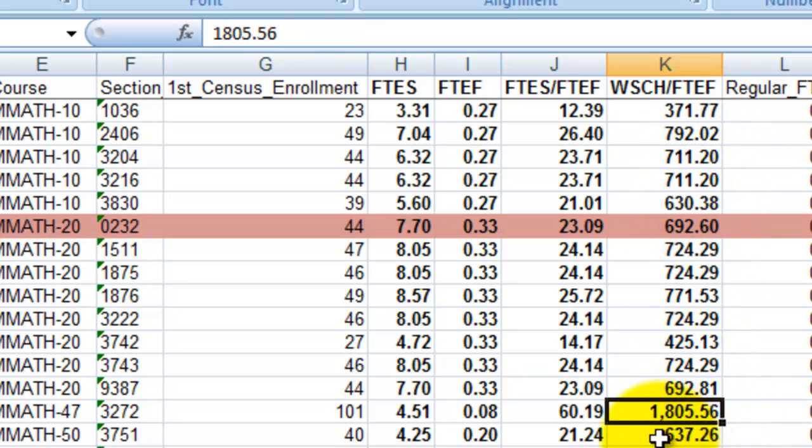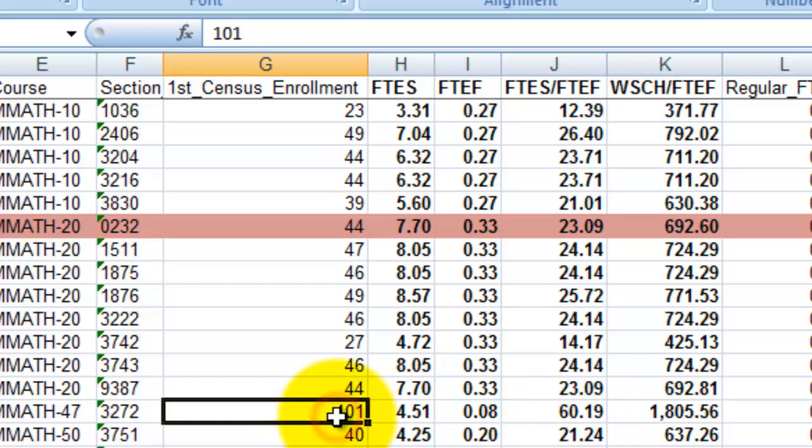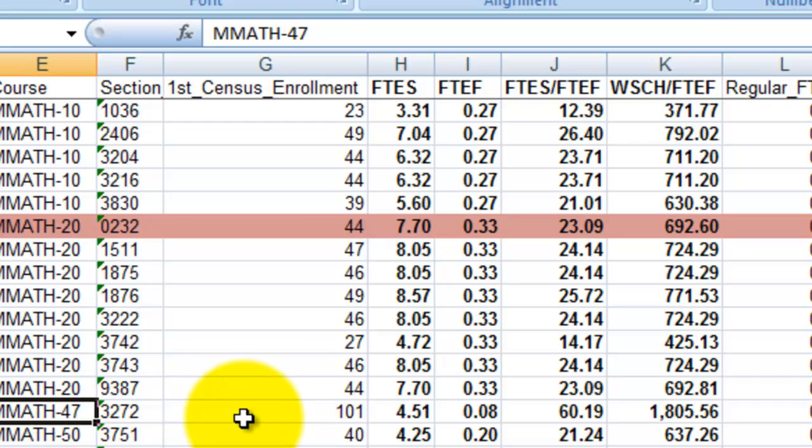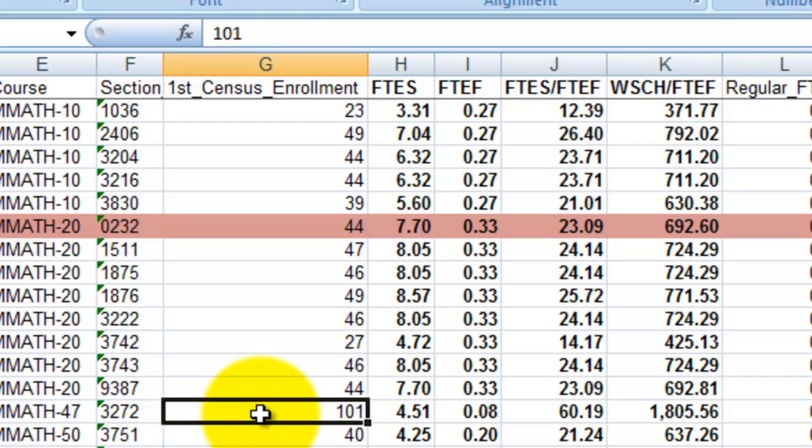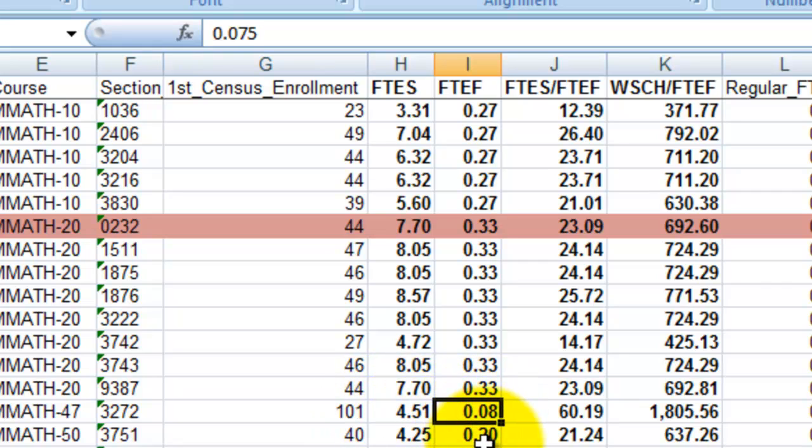This 1800 comes from a large enrollment, 101 students enrolled in this Math 47 two special independent class. 101 students though, and the full-time equivalent faculty load for that class is small. It's only a 0.075. So when you divide our 4.51 FTES by this 0.075, it gets you an FTES ratio of 60. Again, if you double that, it's 120, so there's quite a scale up there.